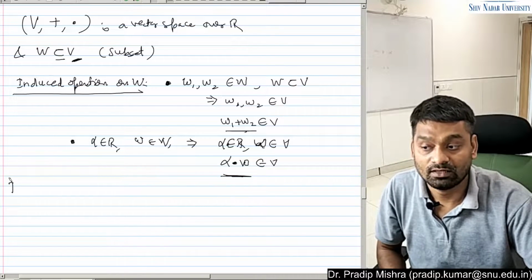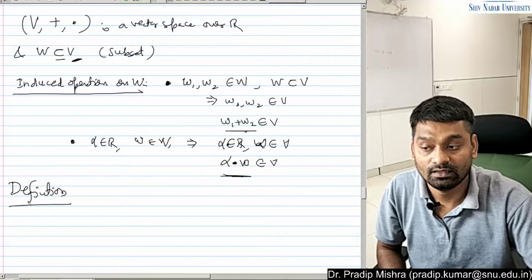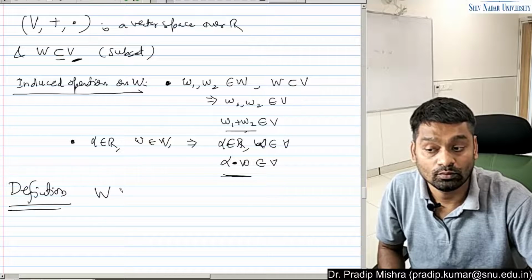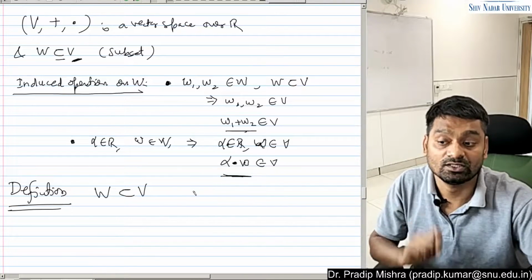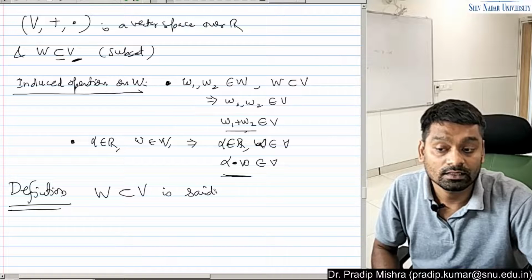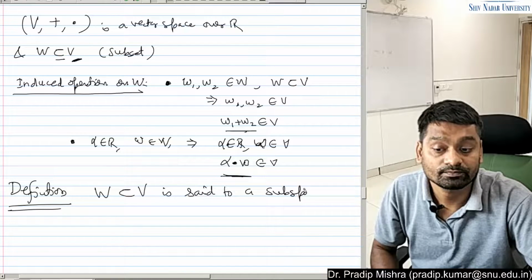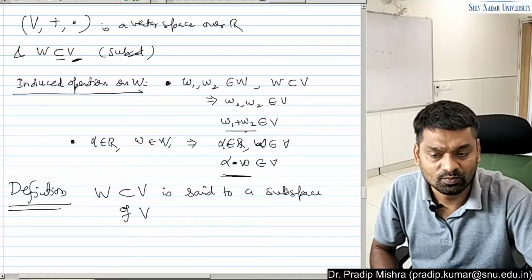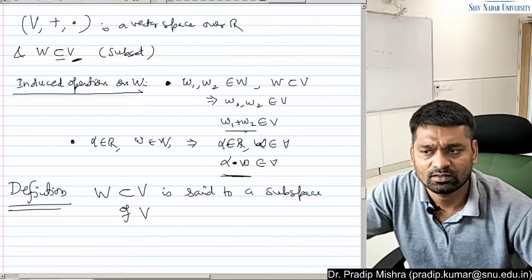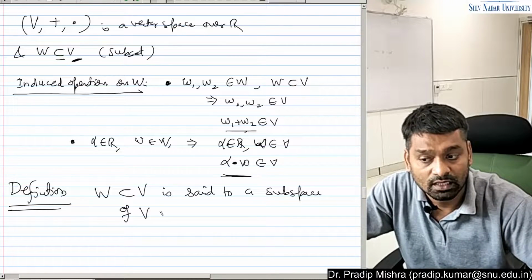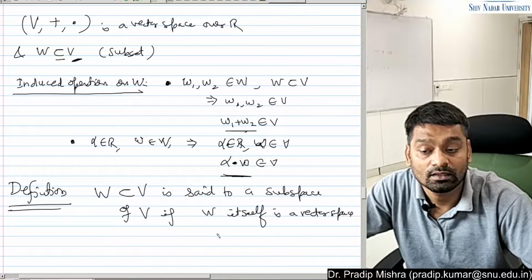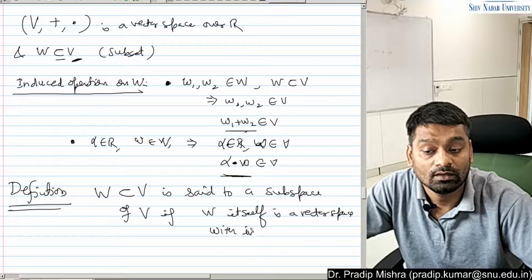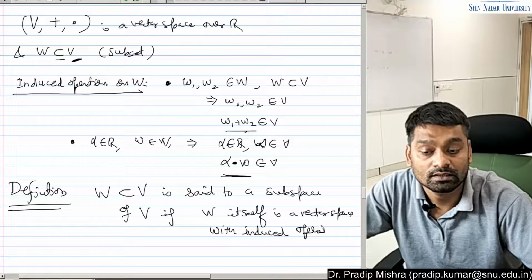And now we have the definition. W, a subset of V, where V is a vector space, is said to be a subspace of V, people also write vector subspace of V, if W itself is a vector space with the induced operations.